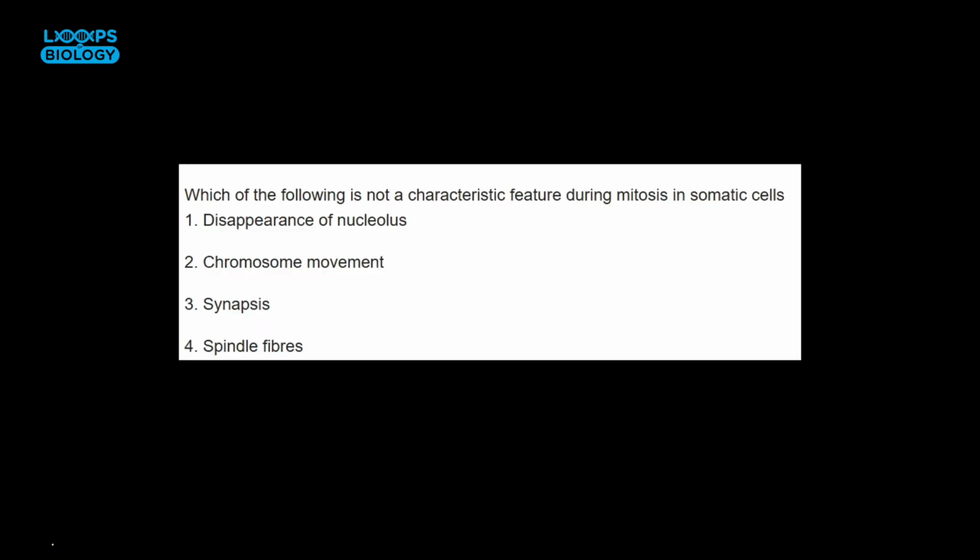Alright, which of the following is not a characteristic feature during mitosis in somatic cell? Alright, we have seen disappearance of nucleus. So it is a characteristic. Chromosome movement during anaphase. So there is disappearance in prophase. Then there is movement in anaphase.